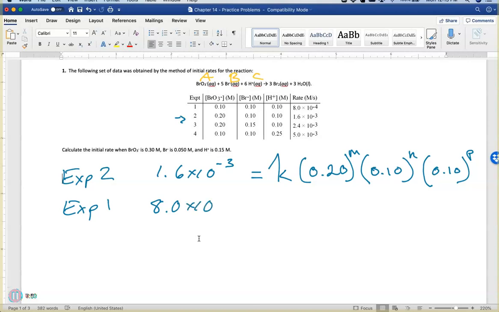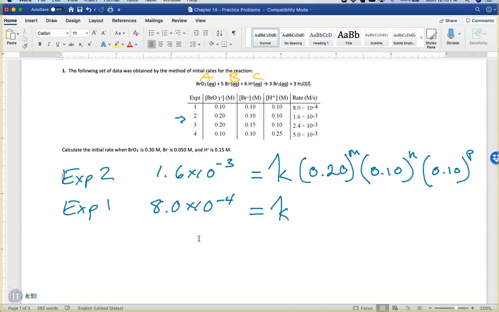8.0 times 10 to the negative fourth. Even though it looks on first glance to be bigger than the rate of experiment 2, it's not. Check out the order of magnitude. It's actually about 2 times smaller. We'll have the same rate constant because we're talking about the same reaction at the same temperature, even though it's not explicitly stated.